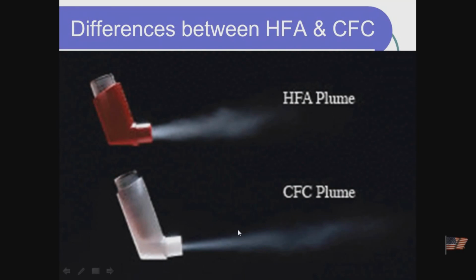Part of it had to do with what's called the plume, the size of the mist that is created. The HFA created a much smaller mist, which actually is a better thing. Because if I put my mouth somewhere proximal to this, the majority of it's going to hit the back of the throat. With this device, more of the medication actually is inhaled.